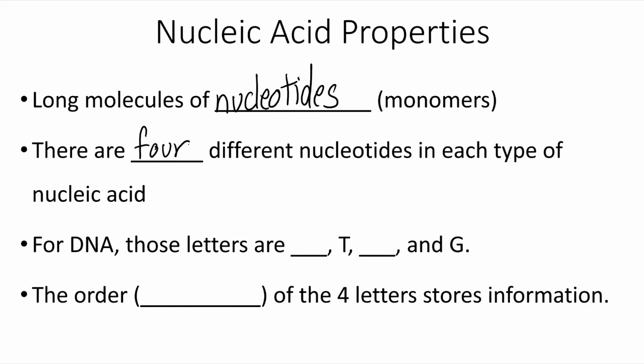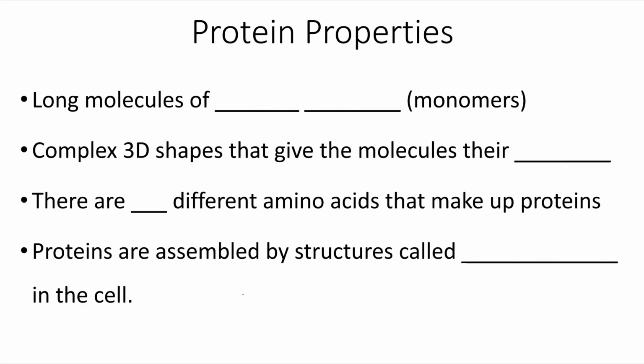Now in DNA, those 4 different types of nucleotides are represented by the letters A, T, C, and G. And it turns out that it's the order or sequence of these 4 letters that store information. The words, if you will, or the information in this language can be tens of thousands, even millions of letters long.